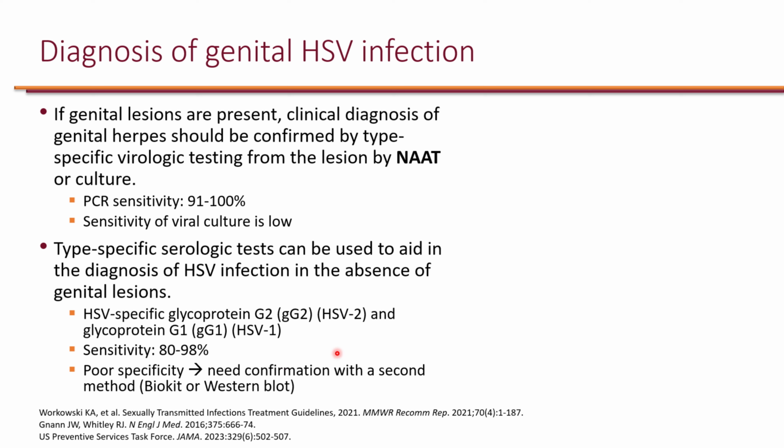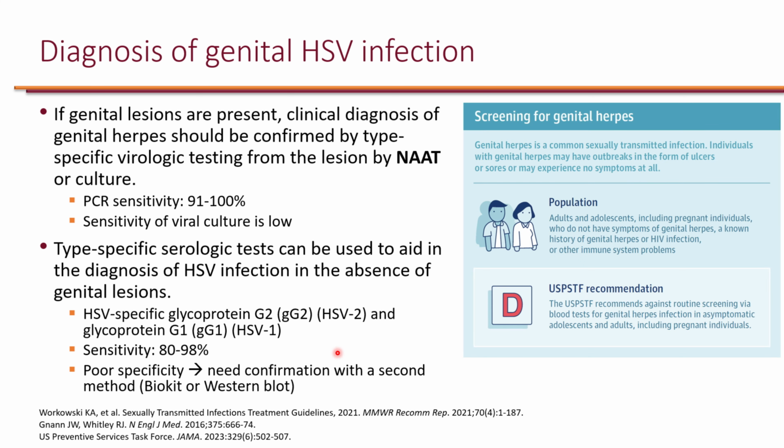Now, when it comes to screening, these are the USPSTF recommendations. So they recommend against the routine screening by blood test, so essentially the serology test, for genital herpes infection in asymptomatic people, including pregnant individuals. So it's not recommended.